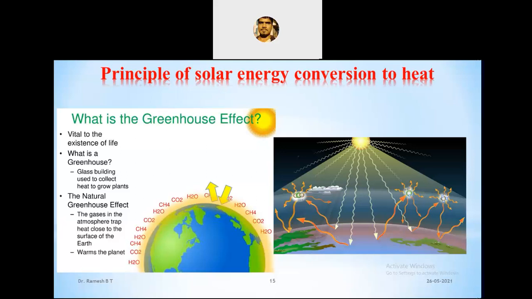But nowadays the greenhouse effect is because of the excessive combustion of wood, coal, petrol, crude oil, in industries, or for heat generation in power plants.